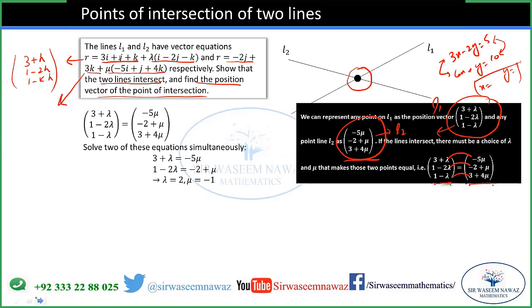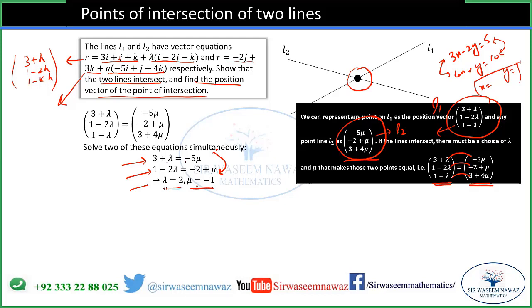The first equation is 3 plus lambda is equal to minus 5 mu, and the second equation is 1 minus 2 lambda equals minus 2 plus mu. When I solve these two, since there are only two variables, lambda is equal to 2 and mu is equal to minus 1. Now I want to show that these lines are intersecting.